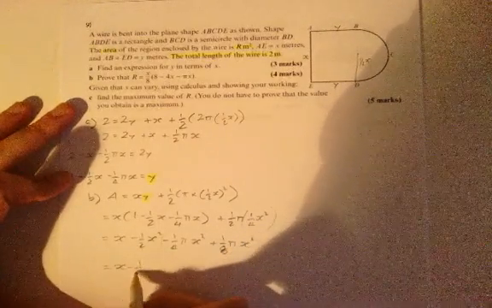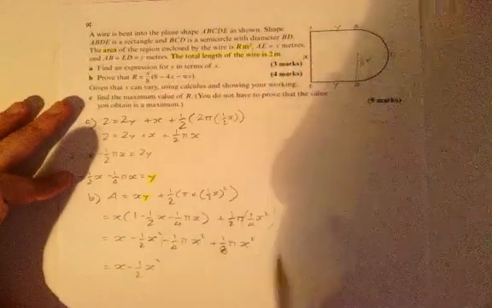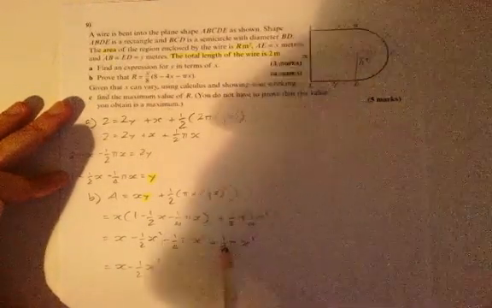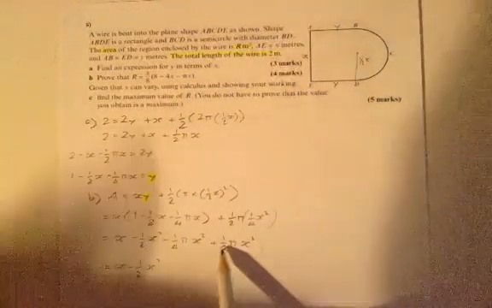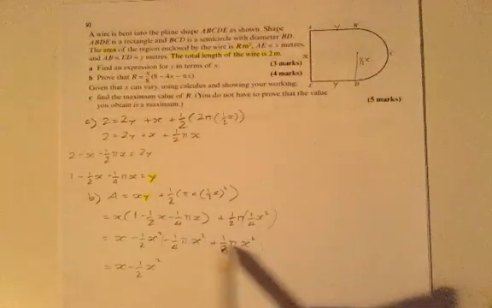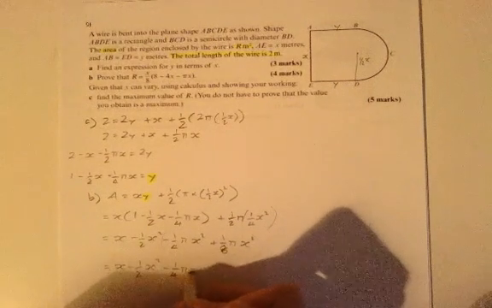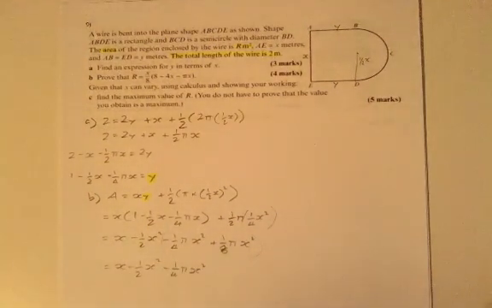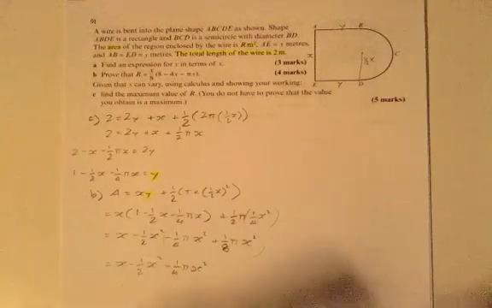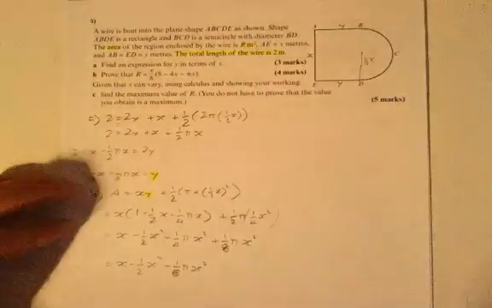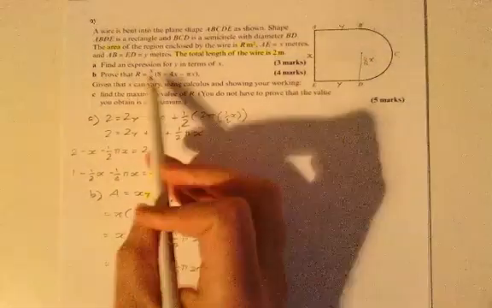So X minus a half X squared, and this is going to give me a minus... Sorry, that's minus an 8th there, apologies, that should have been. Just wondering why that's going wrong.